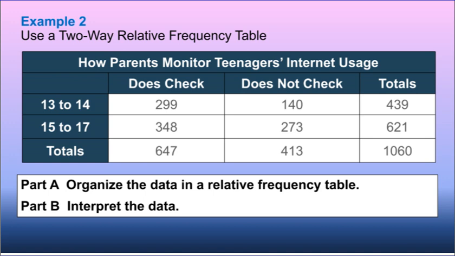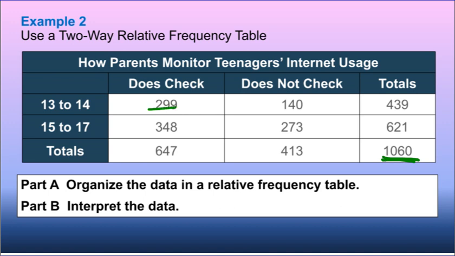To do that, I'm going to take the 13 to 14-year-olds, that row, and find the ones who do check. So 299 parents do check them. That's out of a total of 1,060 observations. So a total of 1,060 parents.